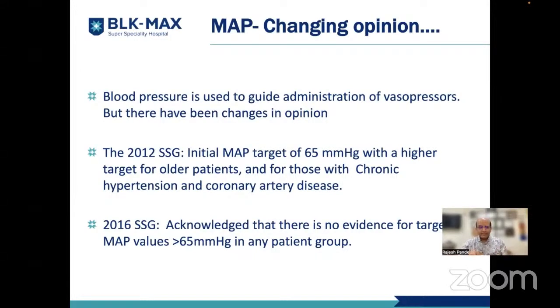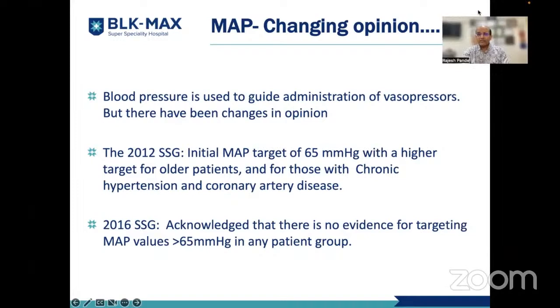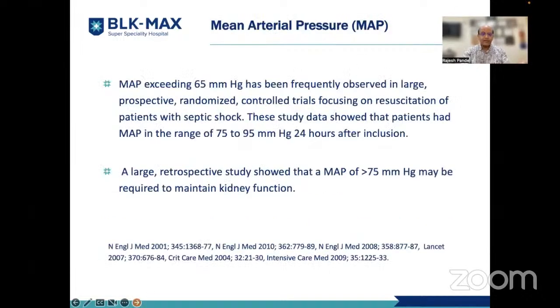In 2016, they acknowledged that there is no good evidence for targeting MAP values more than 65 in any patient group. So that means we are still not very clear whether we should target 65, or target more, or individualize this therapy. So this talk will dwell on these aspects and will also focus on the research that has been done in these areas.